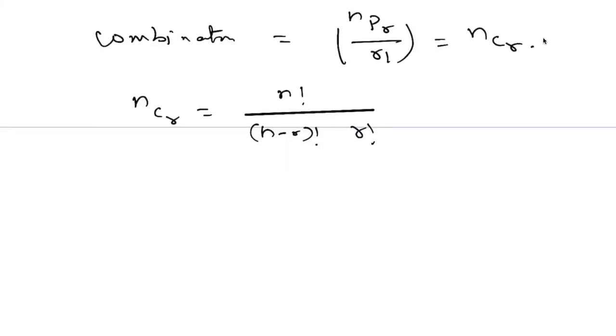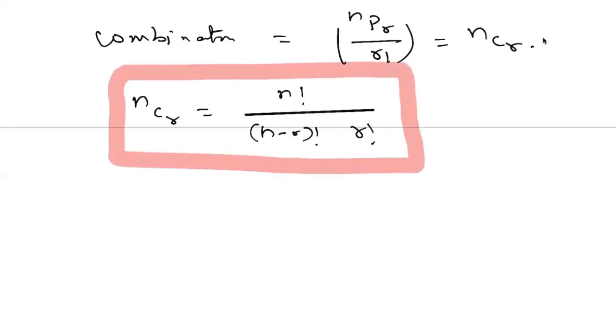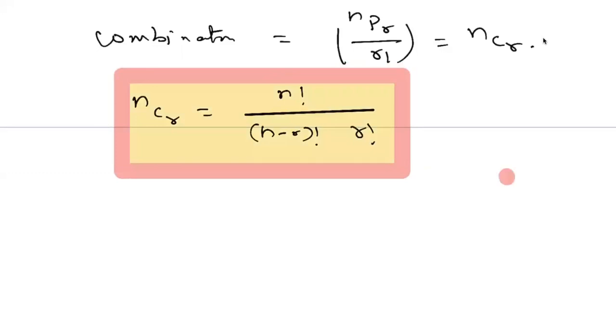Right, so this is the formula for combination, nCr equals factorial n by factorial n minus r into factorial r.